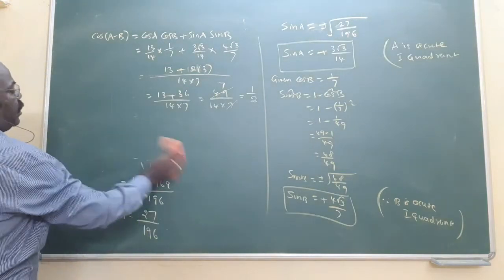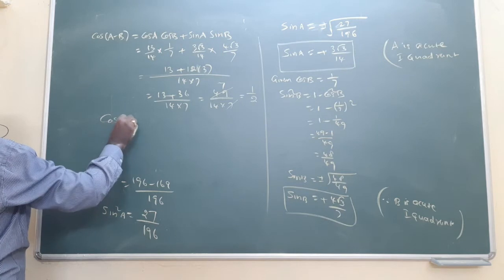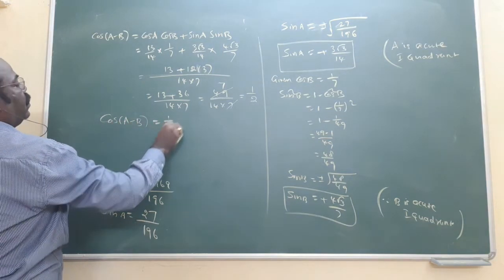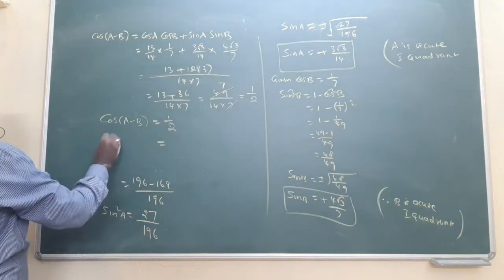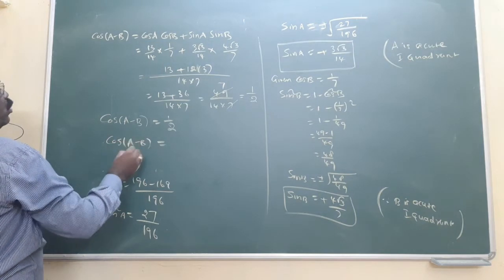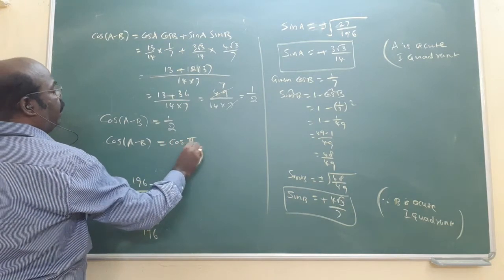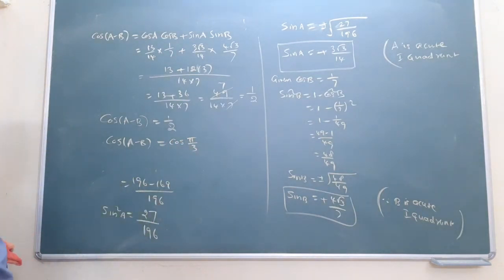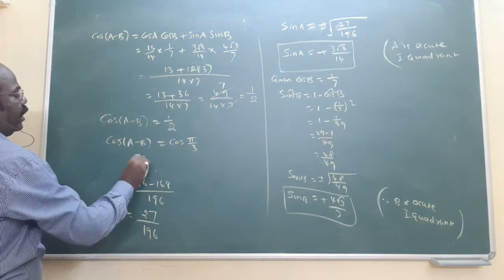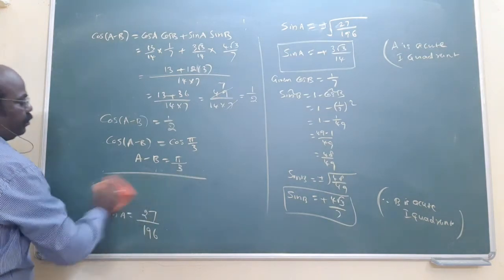So cos of A minus B is equal to 1 by 2. We want only A minus B, no? So 1 by 2 can be written as cos of pi by 3, because cos 60 is 1 by 2. Cos cancels, we get the answer A minus B equal to pi by 3. This is the answer. That's all.